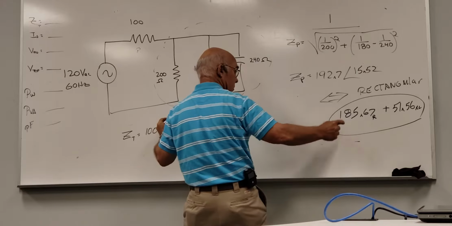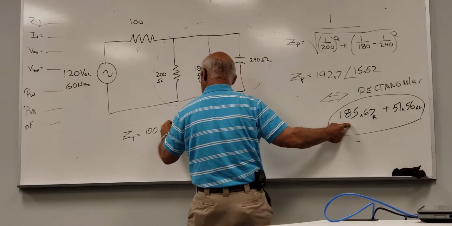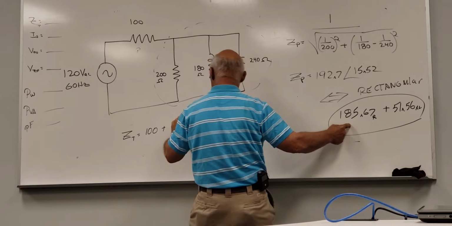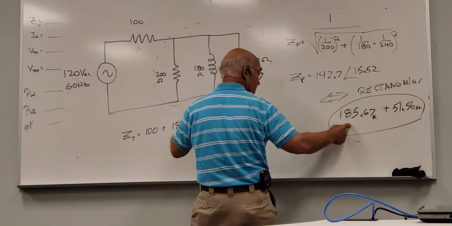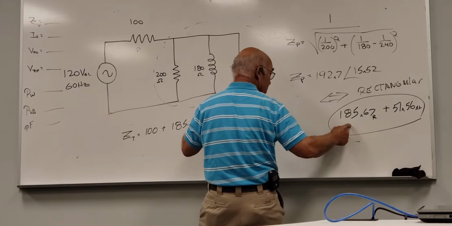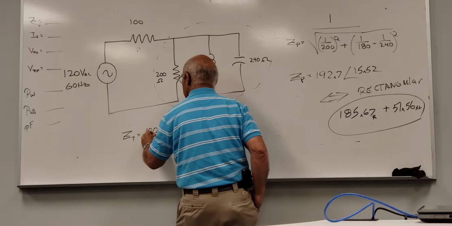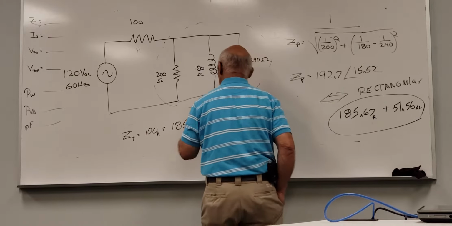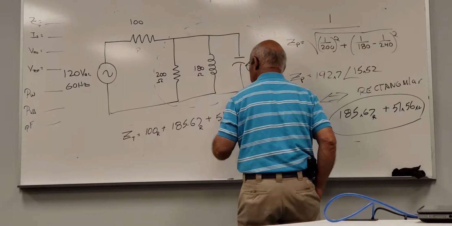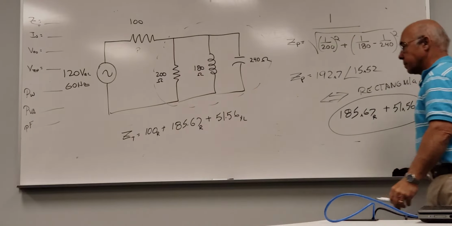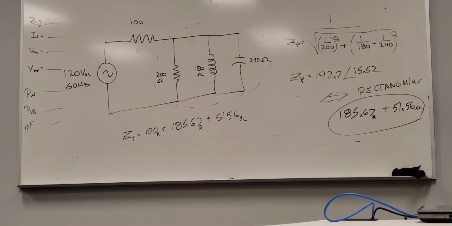plus 185.67 plus 51.56, alright? This is R, this is R, and this is X sub L. That's the total impedance in rectangular components.